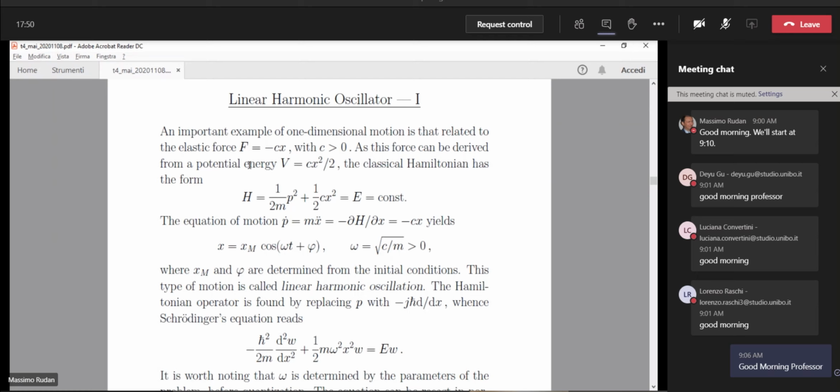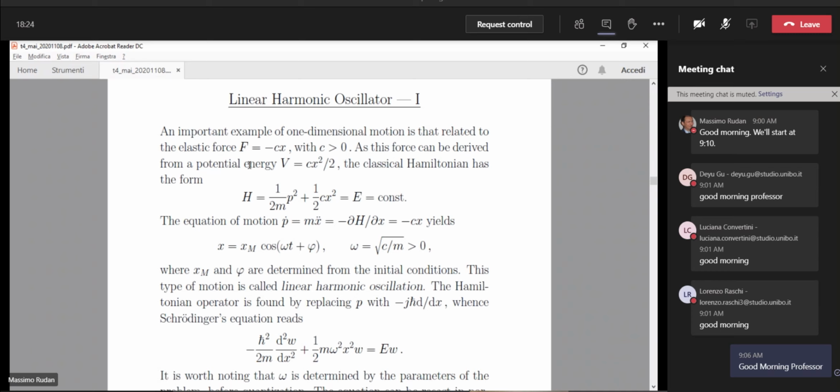Then, if we have a force that is proportional to the displacement with respect to the origin in this case, okay, then the potential energy, of course, is quadratic, is written in the third line. It is V equal to Cx squared divided by 2. And this is the typical example, for instance, of a mass that is connected to the origin with the linear spring.